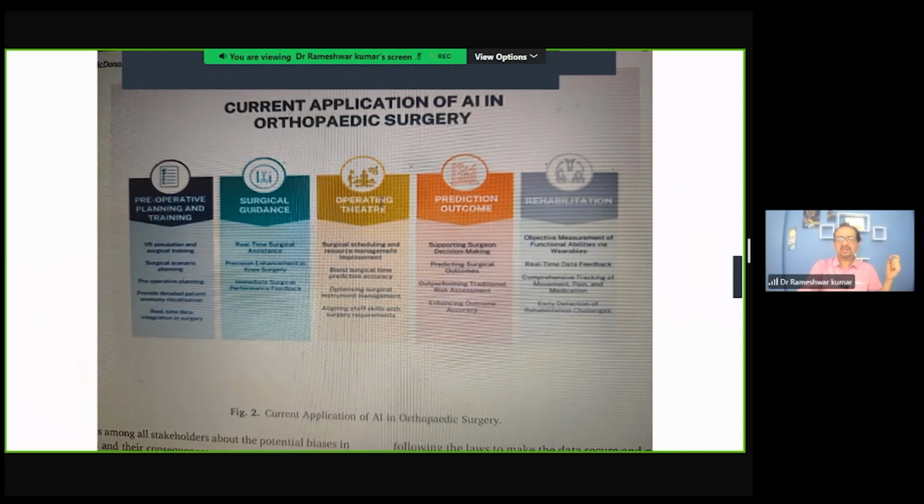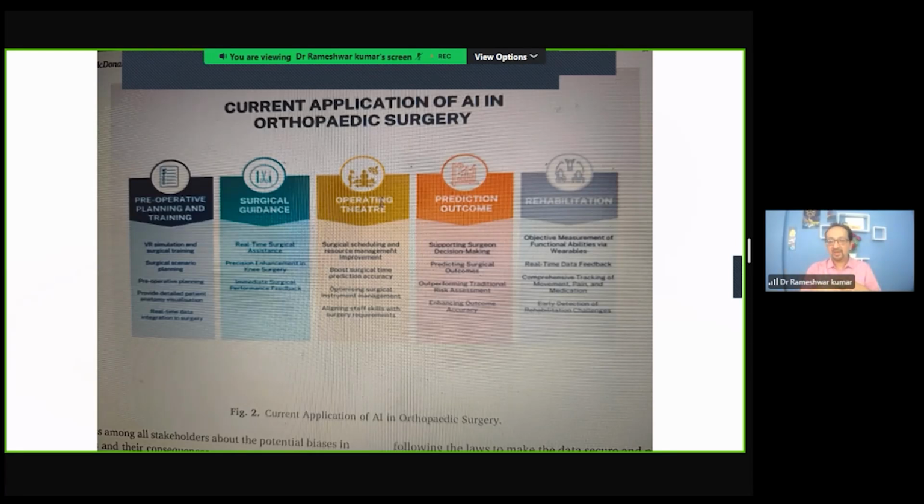The current applications of AI in orthopedics are right from pre-operative planning and training, surgical guidance, operative theater assistance, which surgery to be done, how to do it, and after the surgery it also predicts the outcome of the surgery based upon how the surgery has been done.